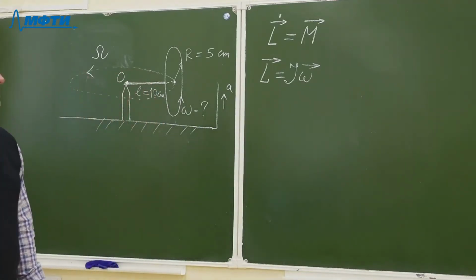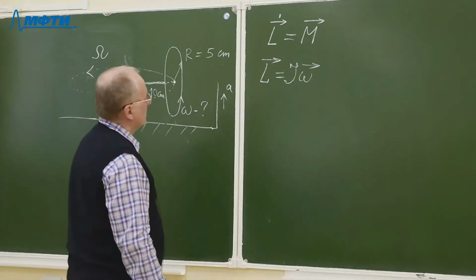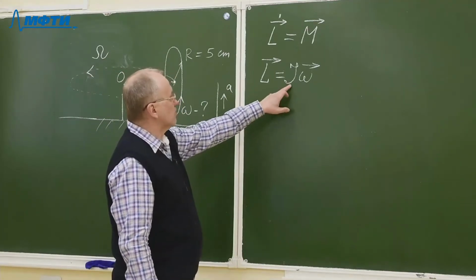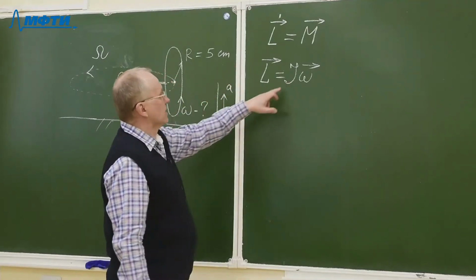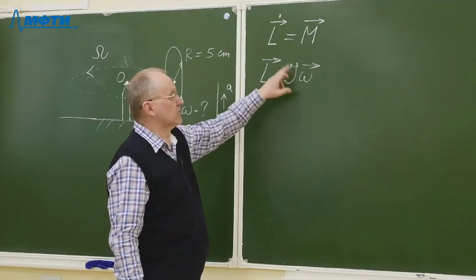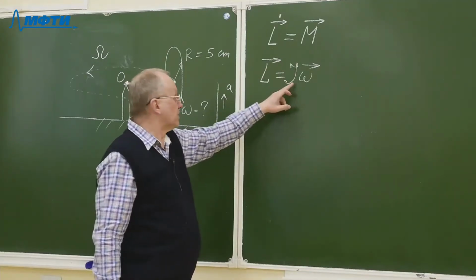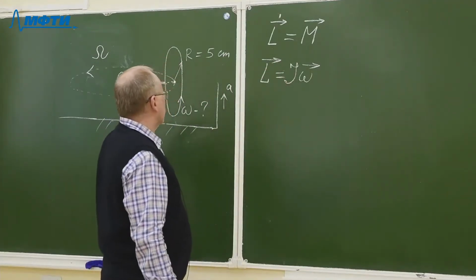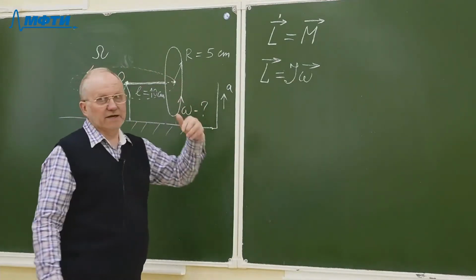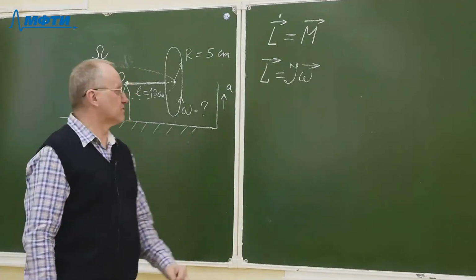That's the very important point in this problem, that the moment of inertia in our particular case will not be a tensor of inertia. It will be just a number, just a coefficient here, because the rotating body is symmetrical with respect to the axis of rotation.